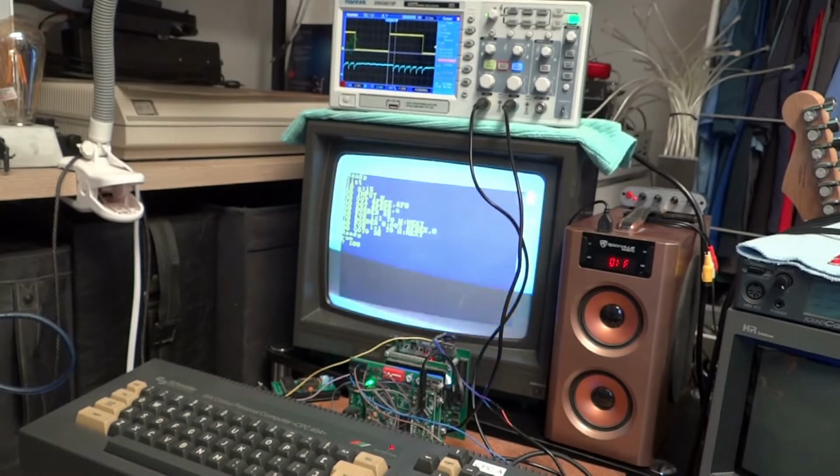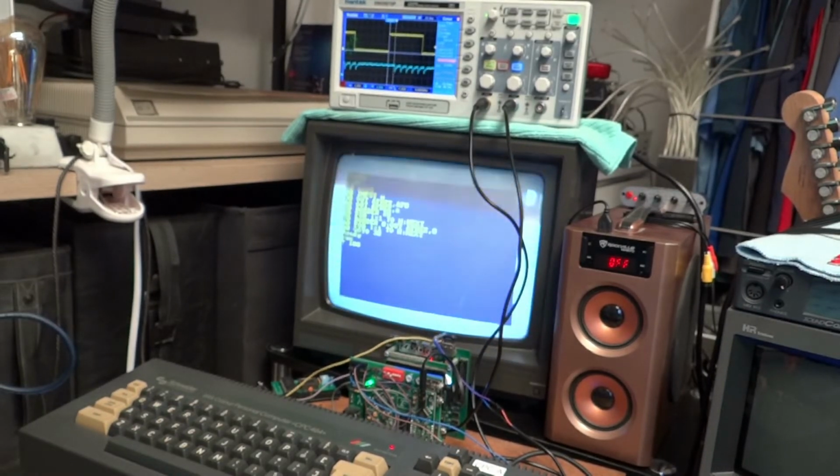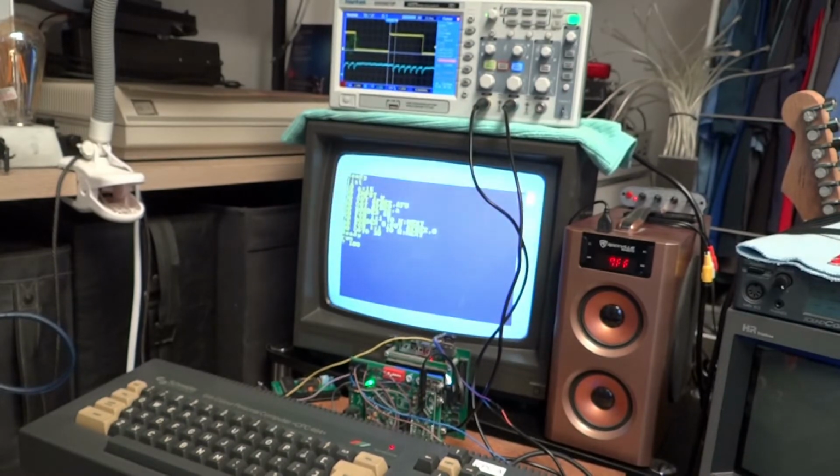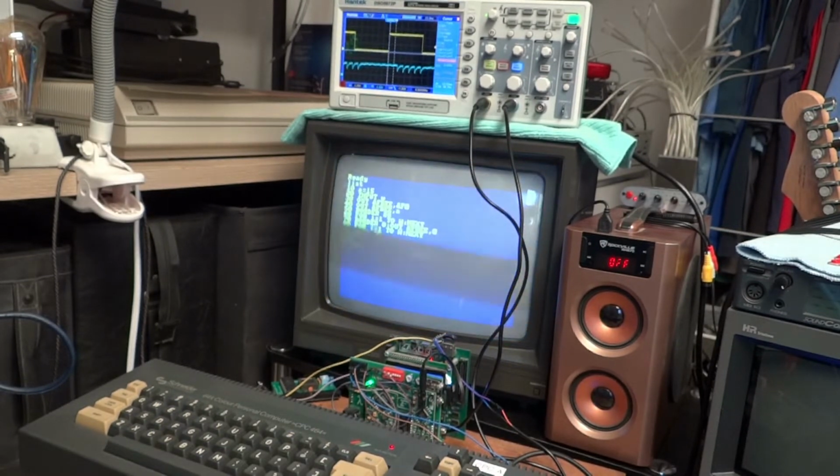So 25 milliseconds for a CRT, and 20 milliseconds on average are simply caused by the position of the electron beam, because it takes 20 milliseconds for one CRT screen to be displayed. So it's just random.